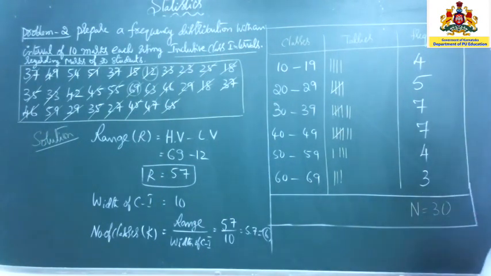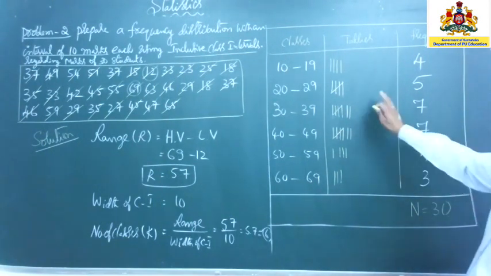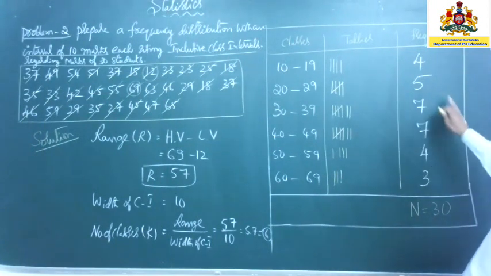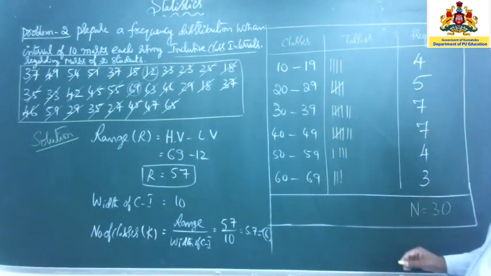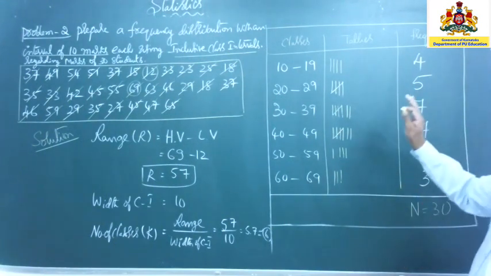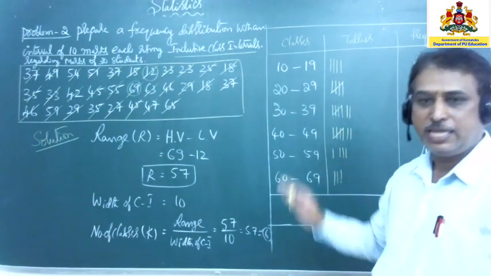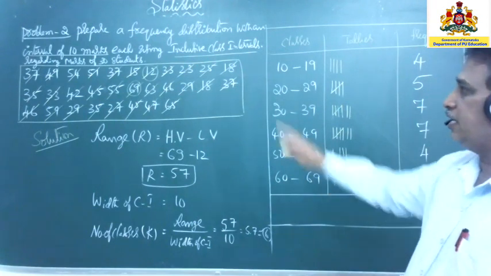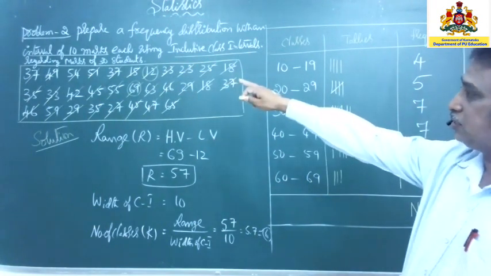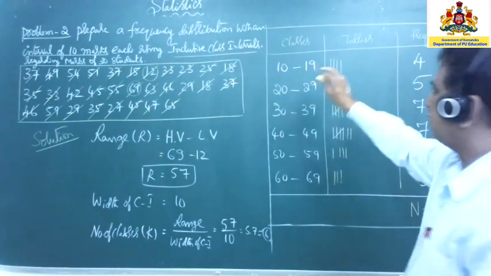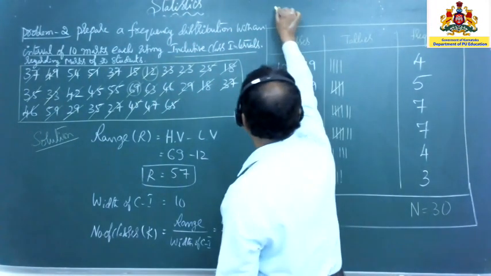This is worth 5 marks. They will allot 2 marks for tallies and 2 marks for frequencies, 2 plus 2 is 4 marks. The last mark is for writing a suitable heading. Here it is the marks of the 30 students.